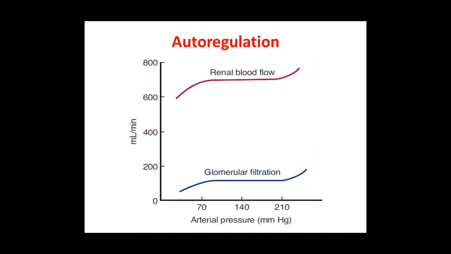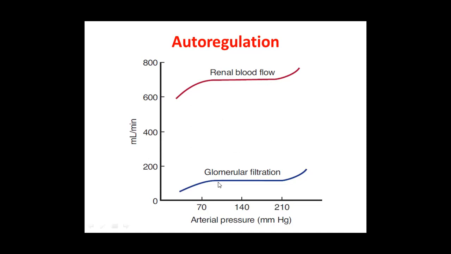Next point of regulation is autoregulation. During our cardiovascular case, I took substantial time to discuss autoregulation and its mechanism. I think it is enough to show you this diagram only. So this is the renal blood flow.